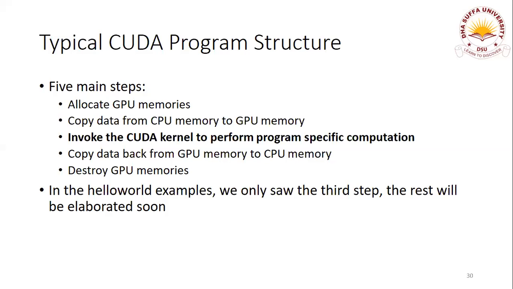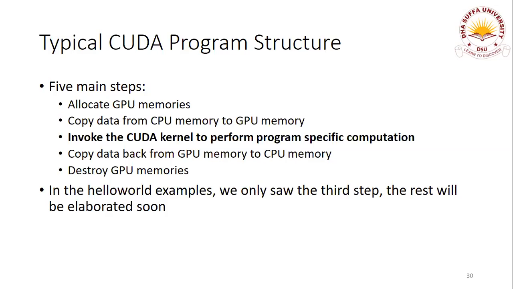So in this hello world, we just talked about how we invoke a CUDA kernel. That was the main part. If we have a few more sessions later on, or a workshop or whatever, in that I can elaborate in detail how this whole program is written with these 5 main steps, right?